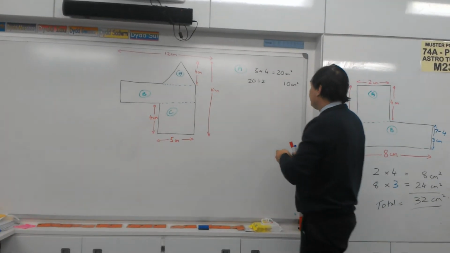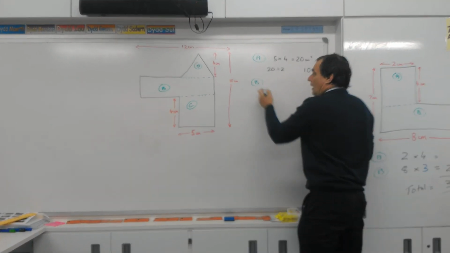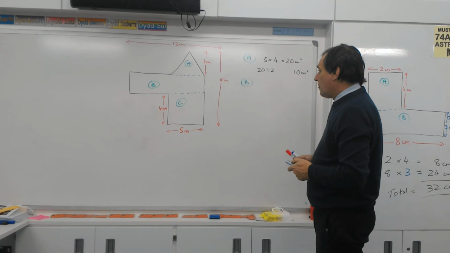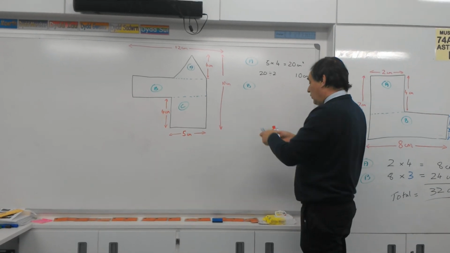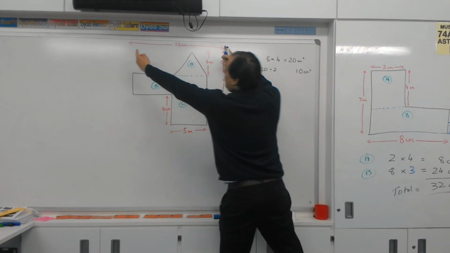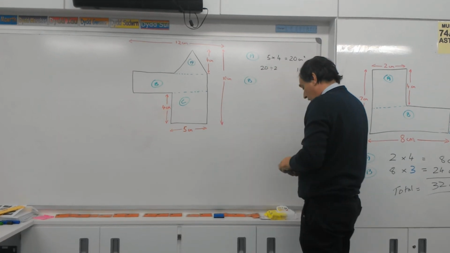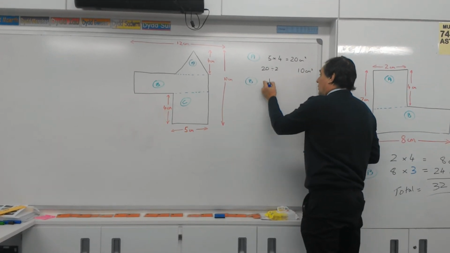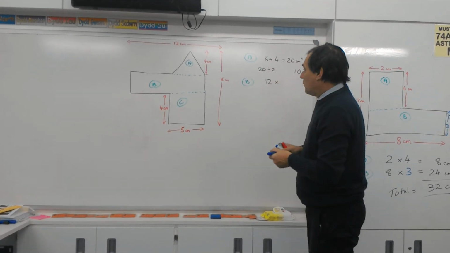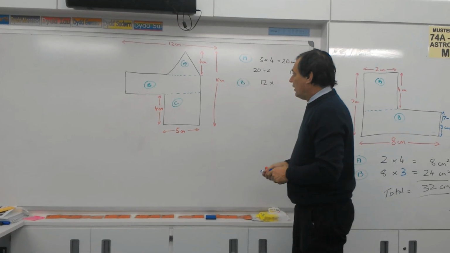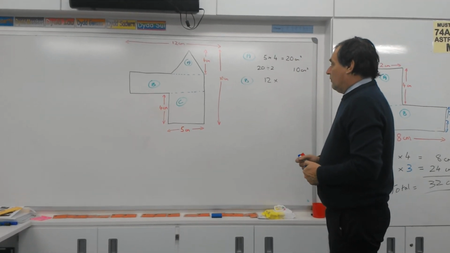So then let's work on B then. So B, we've got a rectangle here. Now, we're told that the base of the rectangle is that dimension all the way across there. That's going to be 12. That's 12 centimetres. And then we've got to work out the actual height of this rectangle here.